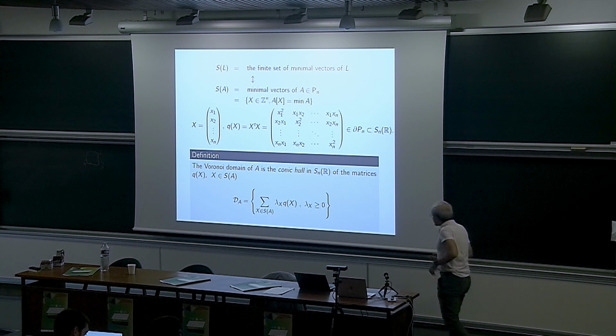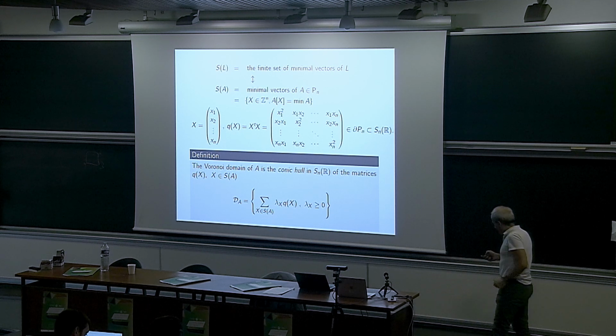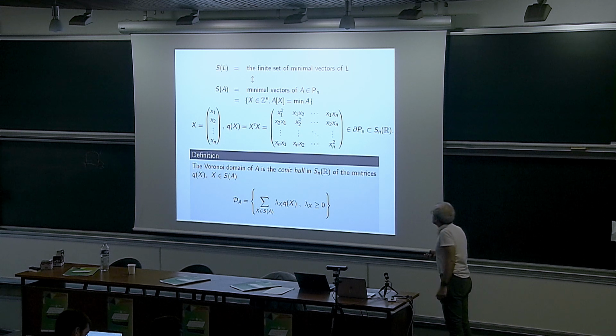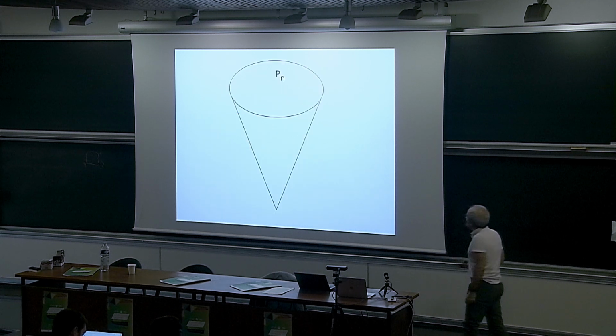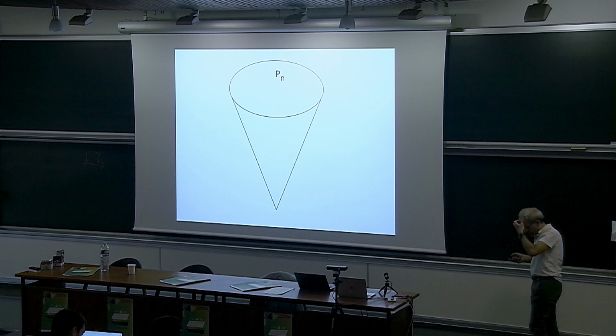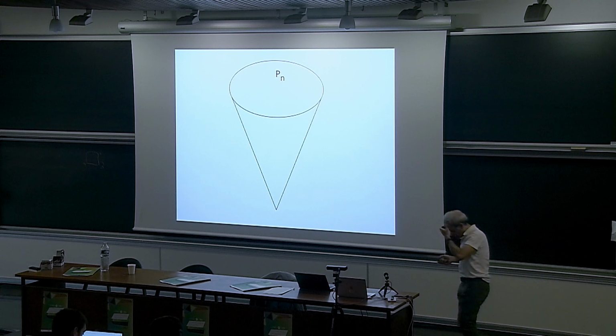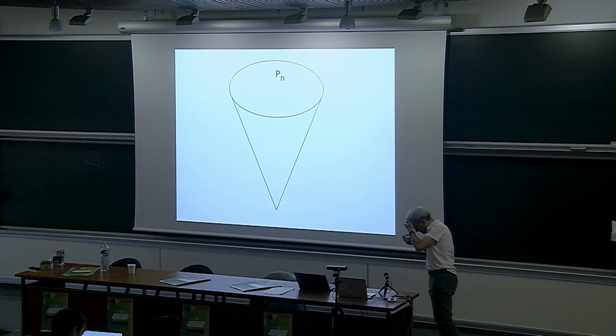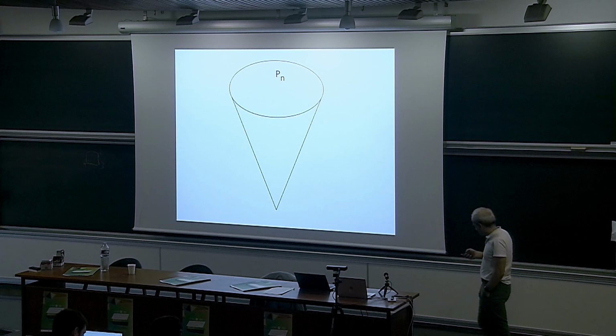And this is what is called the Voronoi domain of A. So just to have a picture of what it means, this is a cone of positive definite matrices in the case, of course, for a small n, for n equals 3.